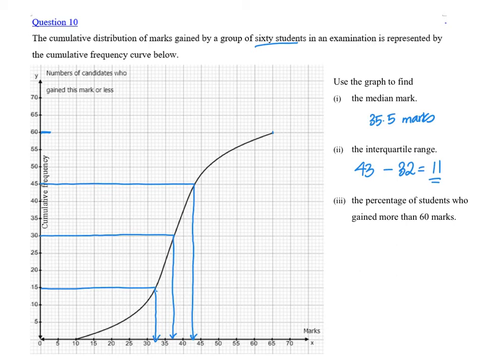Find the percentage of students who gain more than 60 marks. So where is the question on more than 60? To get 60 marks itself, this is the number of marks, so we should go to the marks axis. To have 60 marks is down here.